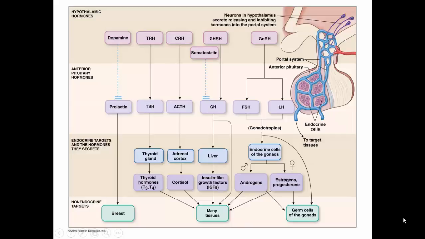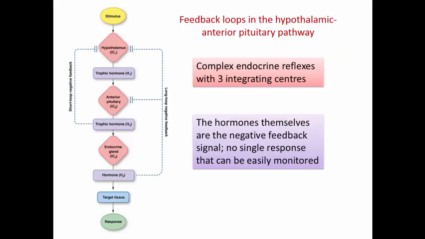So as I mentioned, this is a summary slide that presents all of the information in one view that's been covered in this topic. Let's take a look at the feedback loops in the hypothalamic anterior pituitary pathway.